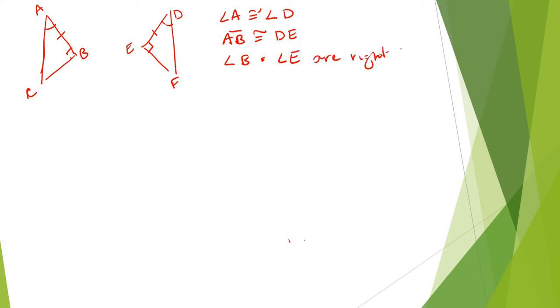And I know that these are right angles, and I am told that A is congruent to D, and that AB is congruent to DE, and I'm told that angle B and angle E are right angles.